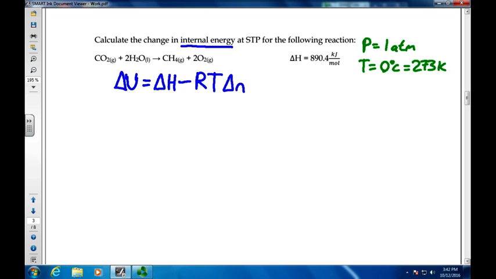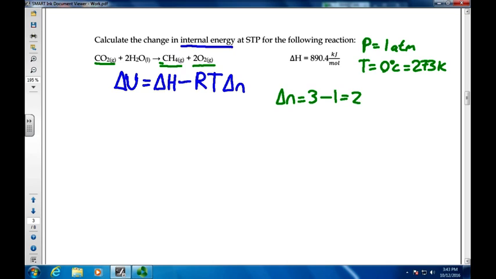In the product, we have 1 mole of CH4 and 2 moles of O2. So delta N is equal to 3 minus the moles of the reactant, which is only 1 mole of CO2 gas. So it's 3 minus 1, which gives us 2. So our delta N is going to be 2.